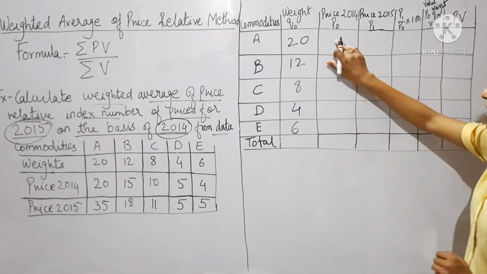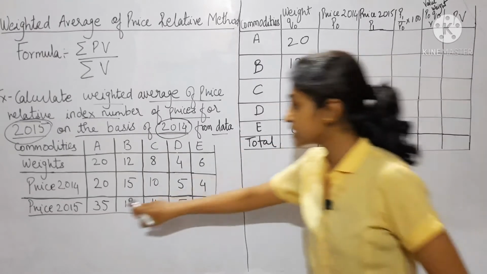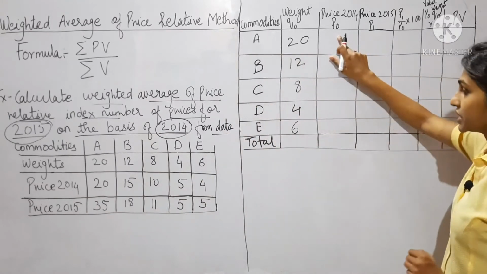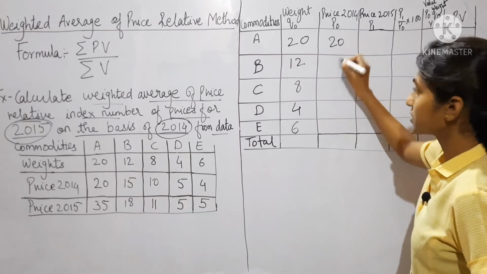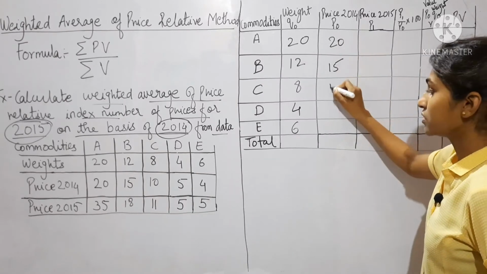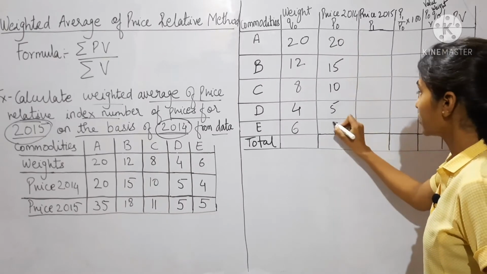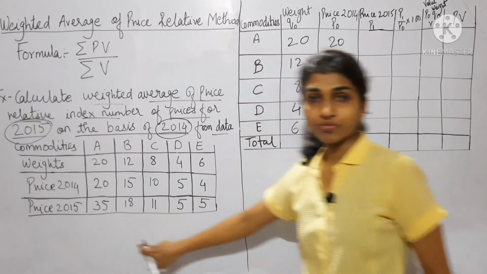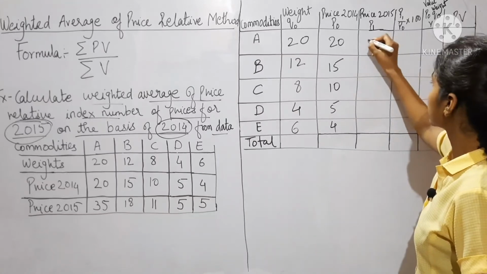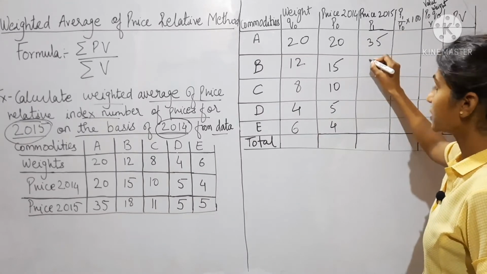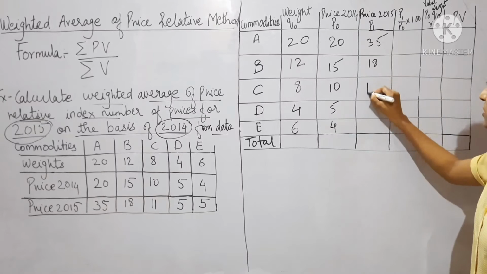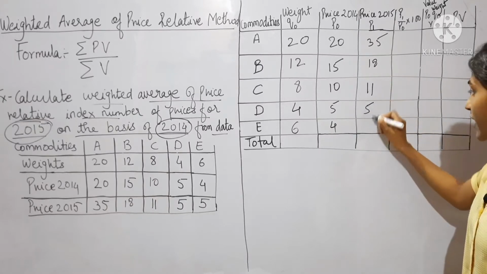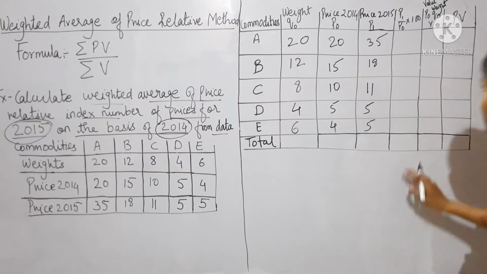Next write all the prices of 2014 under P0: 20, 15, 10, 5, 4. Next write all the prices of 2015, that is P1: 35, 18, 11, 5, 5.